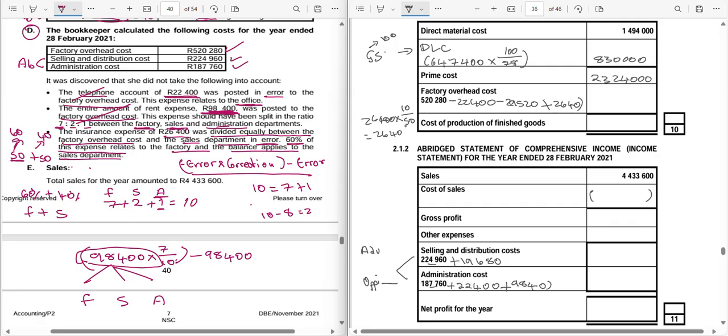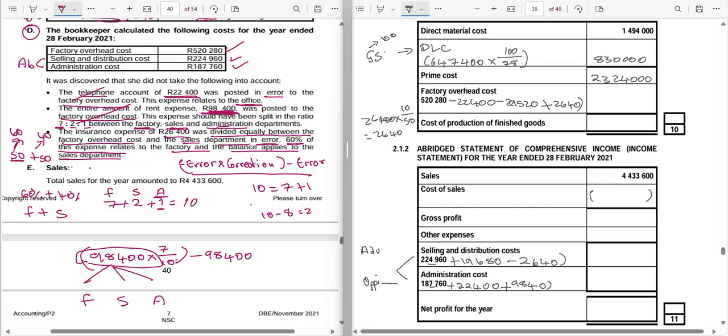The same amount there, because remember we over allocated there to the distributions, selling and distributions. We were supposed to give them how much? We were supposed to give them 40, but we gave them 50. So we are going to minus that 2,640. So what is the total that we are going to get there?